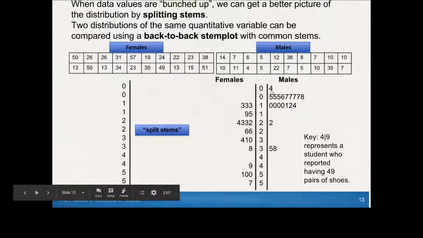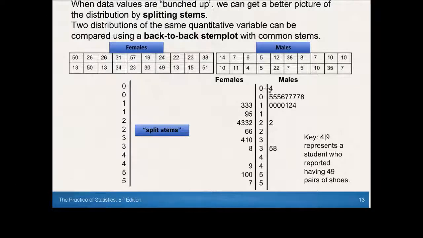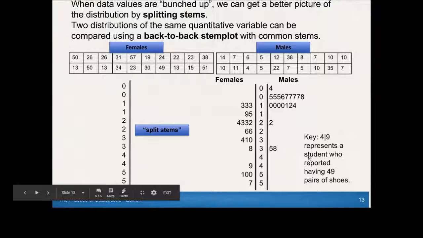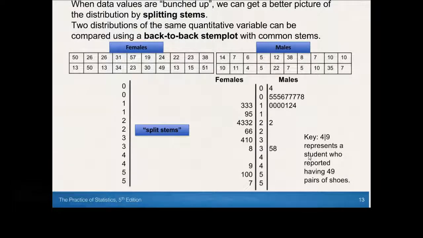You can see from 4 to 8 there are a lot of males but no females that had that many pairs of shoes. And don't forget we have to put a key in there to indicate what all this means.